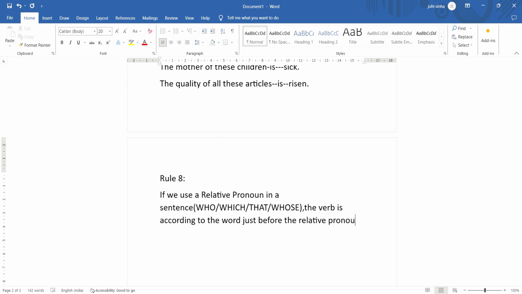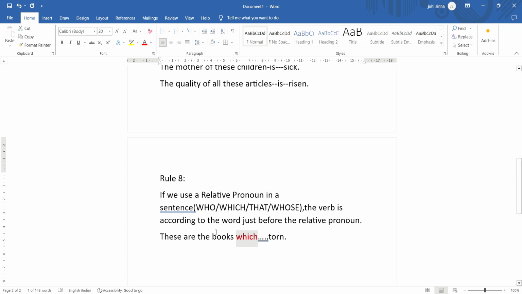Now what is this word called? I'll give you one example and then I'll tell you what this word is called. These are the books which dash tone. Now, where is the relative pronoun in this sentence? The relative pronoun is which.